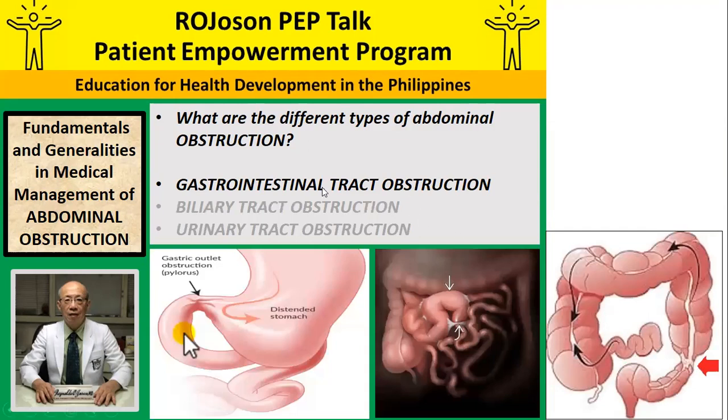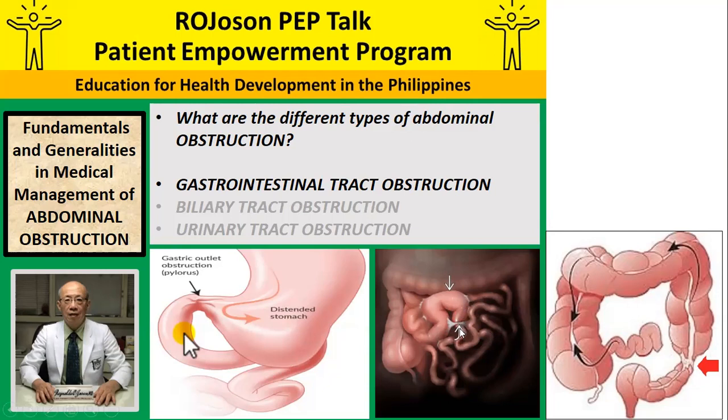So here are illustrations of gastrointestinal tract obstruction. Here there's a block at the end of the stomach, so you have distension of the stomach just before the block. And then here there's a block of the small intestine.